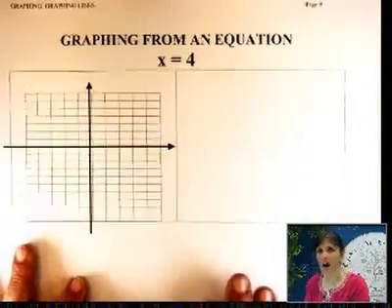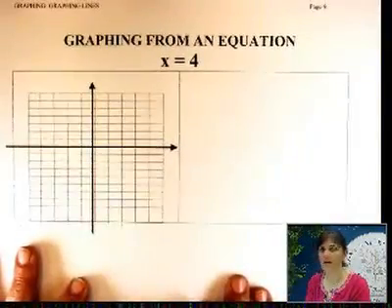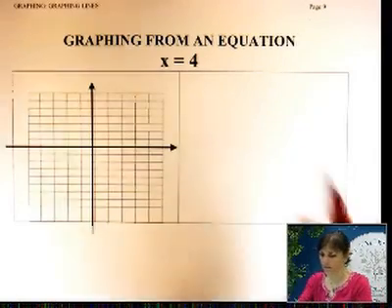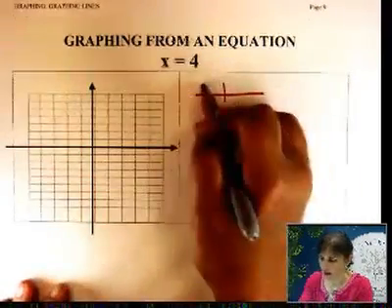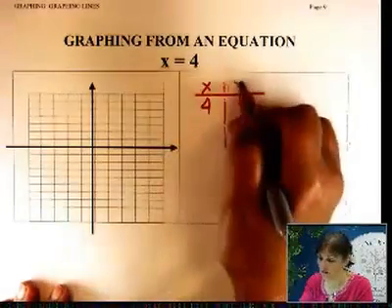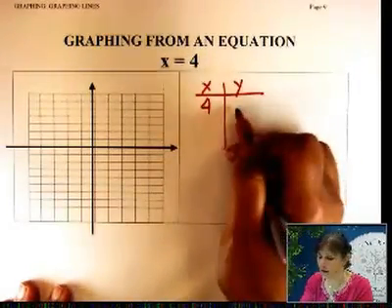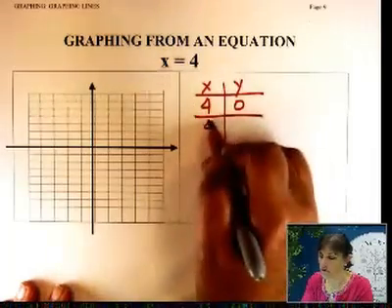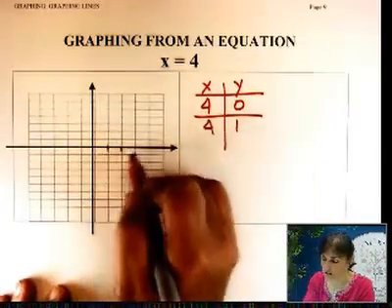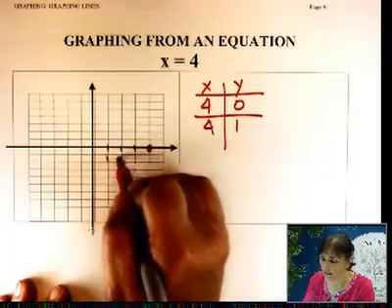Okay. How do I draw some special cases? x equals 4. Okay, what does that mean? x is 4 no matter what y is. Let's pick a y, 0. Where's (4, 0)? 1, 2, 3, 4, 0.